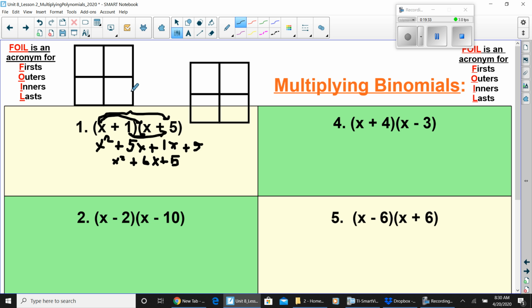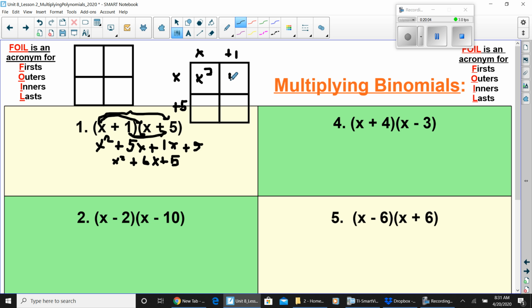So this first term is x plus 1. So I'm going to put this x and then the plus 1. This second binomial is x and then plus 5. I kind of like this method. It's growing on me. X times x, which is your x squared. Now you just put the answers here. Everything is set up.